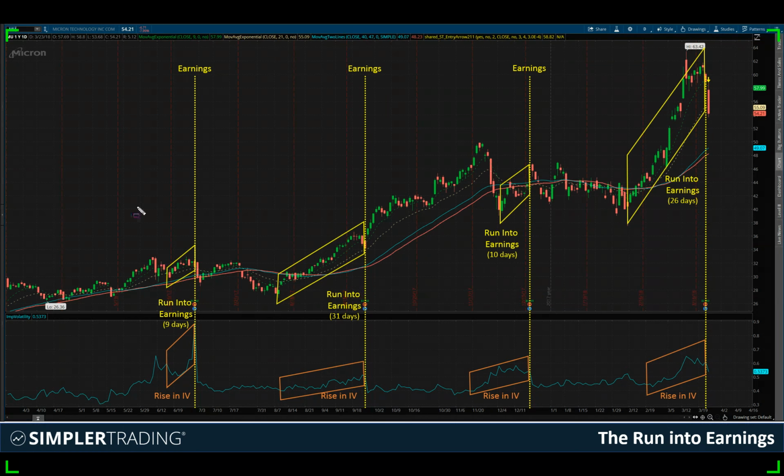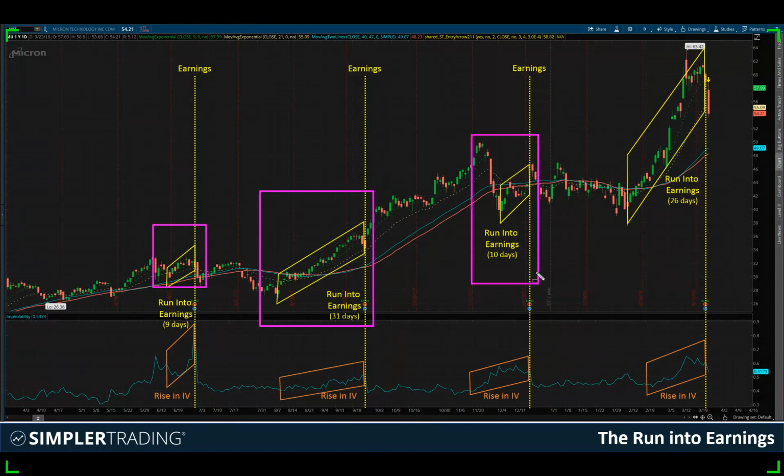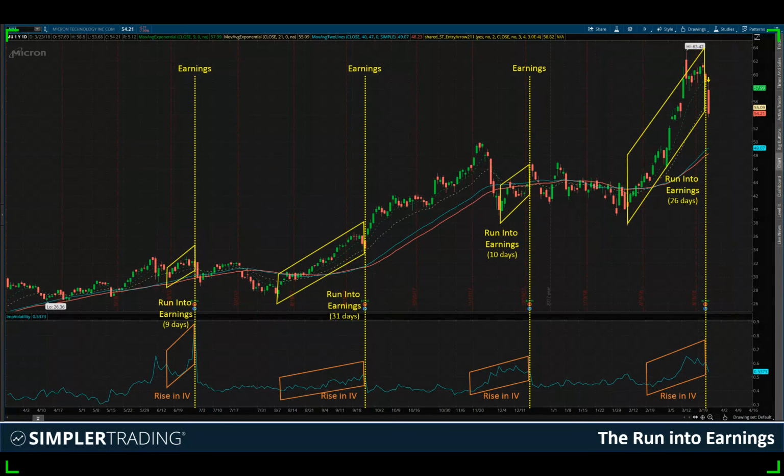But overall, if you go through and you look at a daily chart and you look at the past about 8 quarters is typically what I like to look at, you can see the price run going into earnings. Now, this one in this example is Micron. You can see that some of the runs into earnings lasted a little bit longer than others, and that's why we use a couple different tools to time that.